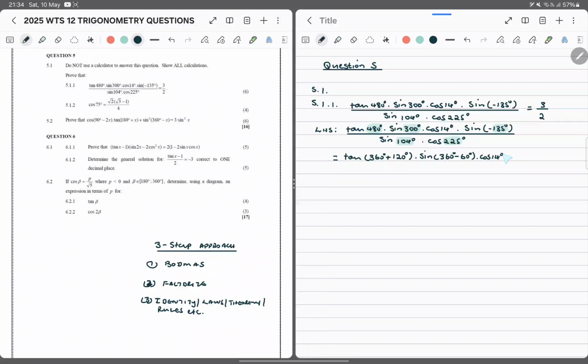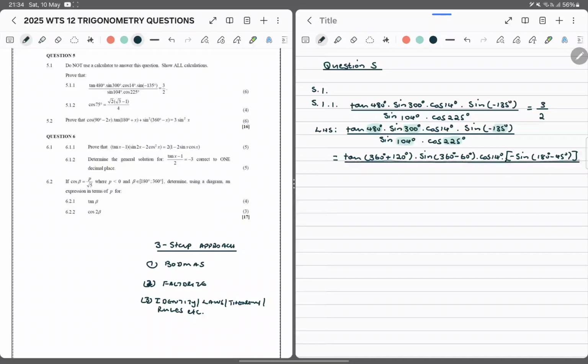Cos 14, since it's an acute angle, we leave it alone. Now this one is a bit naughty. This is going to be minus sine. Now 135 is 180 degrees minus 45 degrees. Okay, we're moving quick.